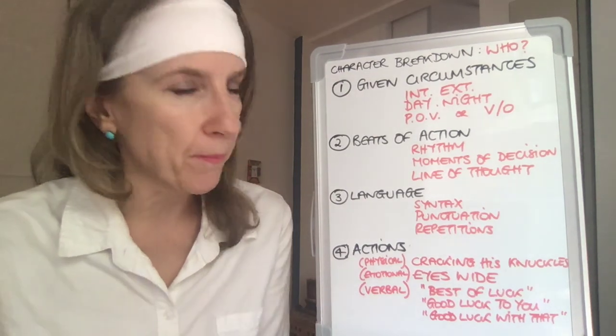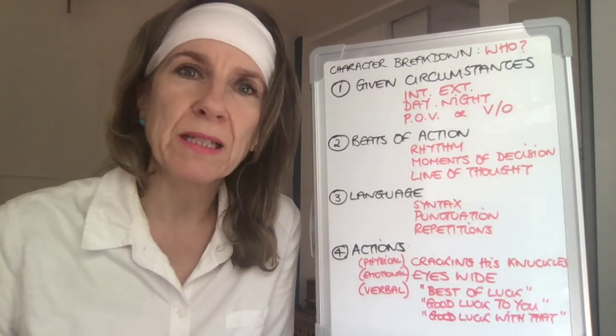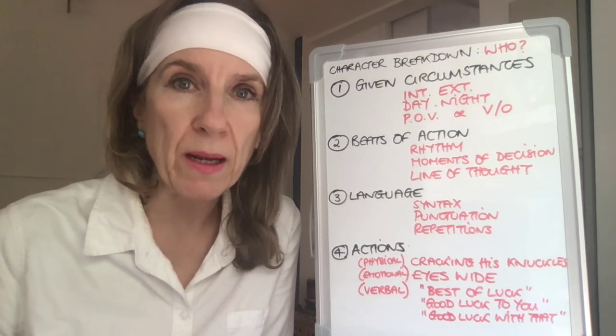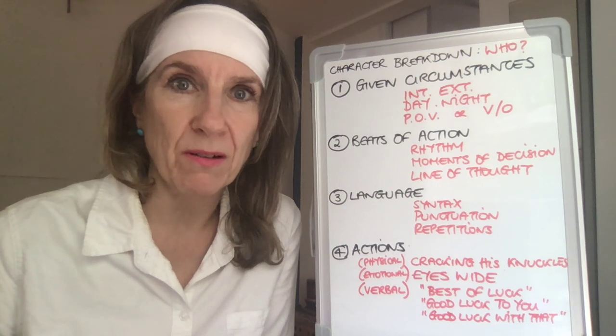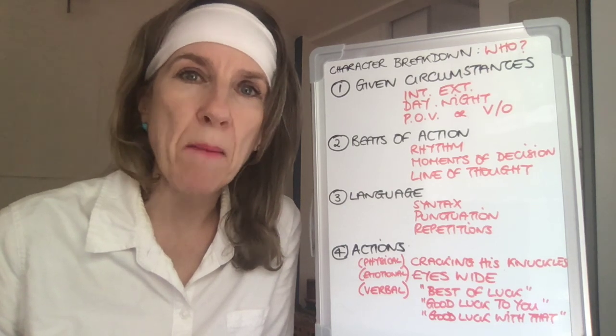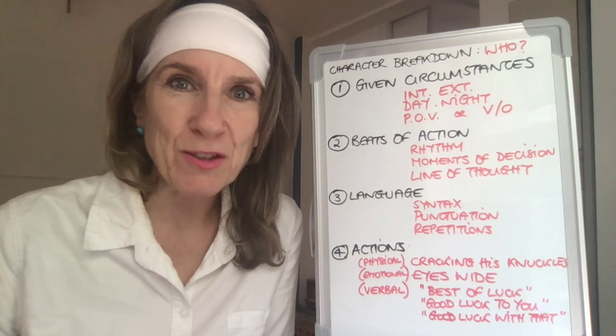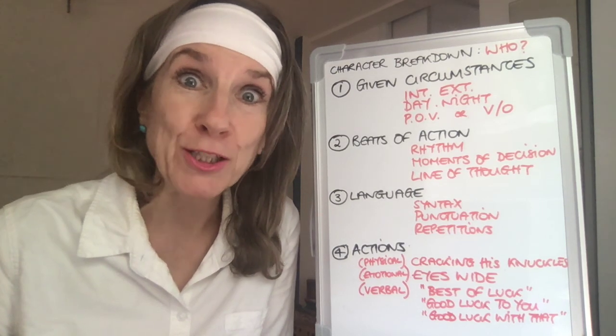Some of these actions might be scripted in, and I'm calling them emotional actions. Eyes wide, or weeping, or gasps, or thoughts tumbling. Again, it's not necessarily that you have to do it exactly, widening the eyes at that moment.